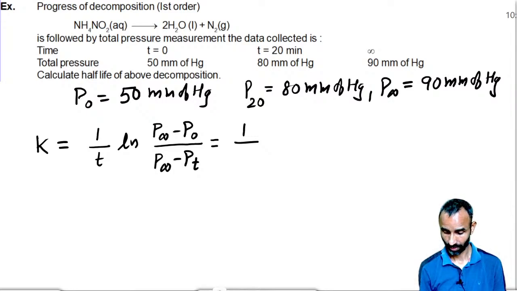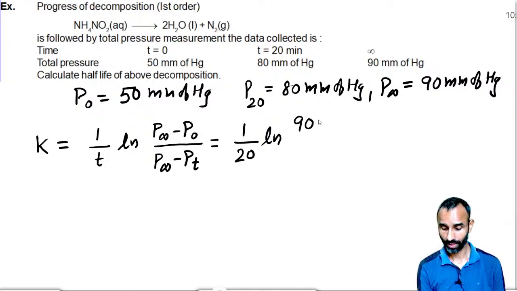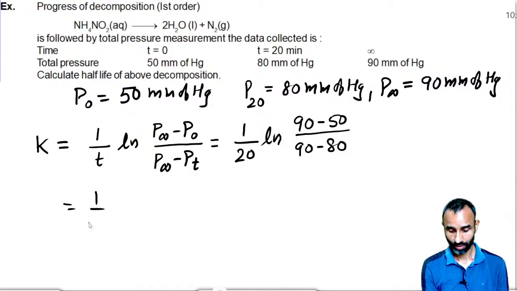minutes. It is 1 upon 20 natural log of P infinity, 90 minus 50 divided by 90 minus 80, so 1 by 20 natural log of 40 by 10.